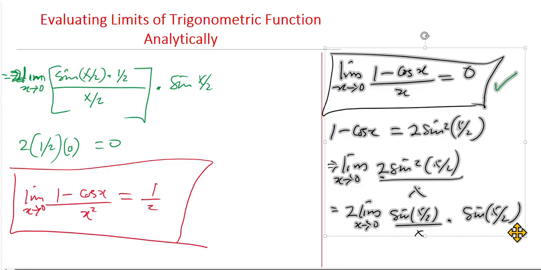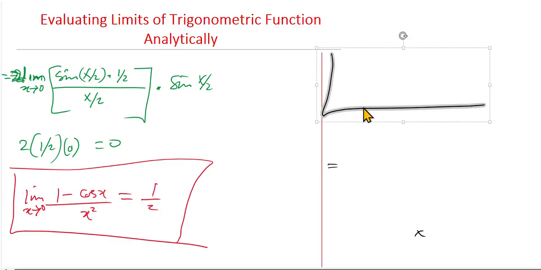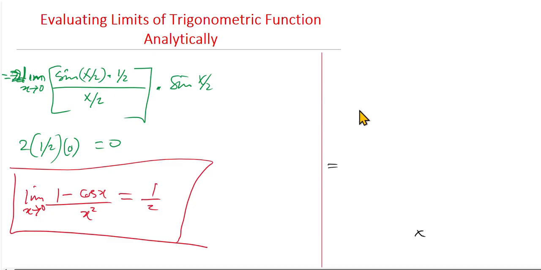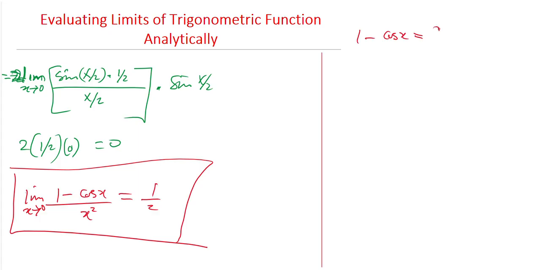Now let's do the same thing. Let's replace the value of 1 minus cos x. We know that 1 minus cos x is the same thing as 2 sine square x over 2.